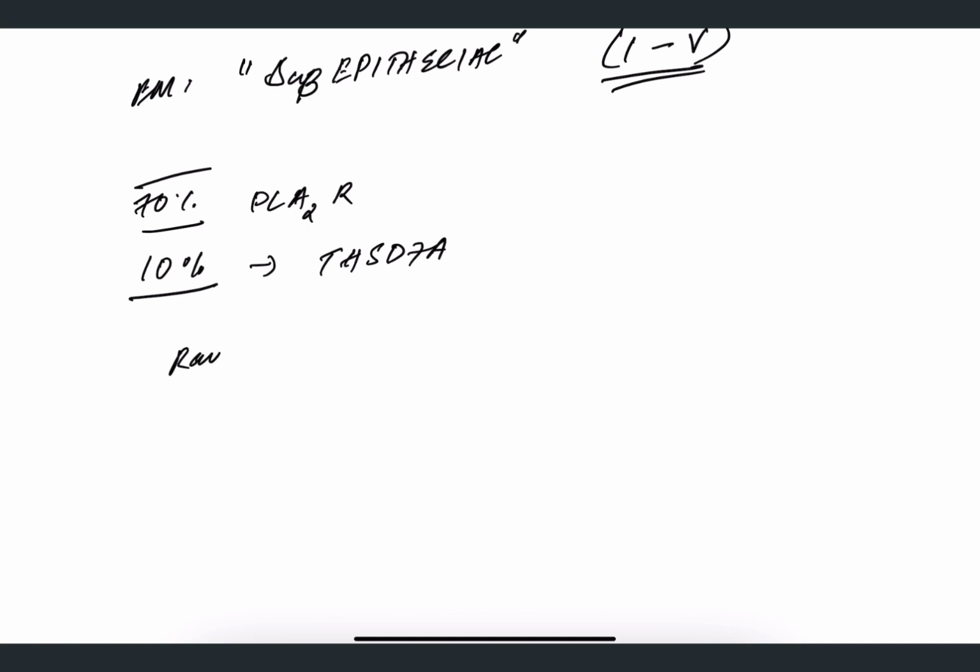Very rarely, PLA2 receptors are found along with hepatitis B, cancer, sarcoidosis. So this is what happens in primary MN.